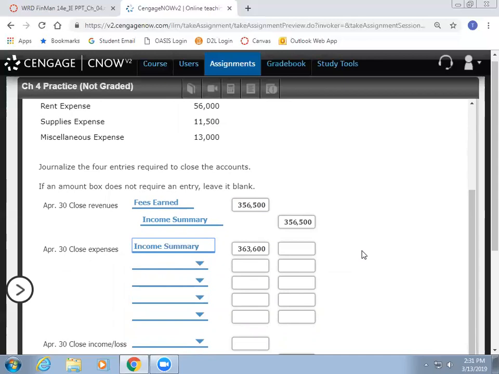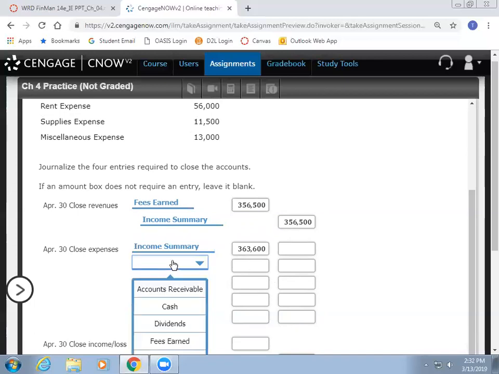So I would take my total expenses, 363,600. Okay. So I credit all of my expenses, their balance, and that total expense amount gets debited to income summary.